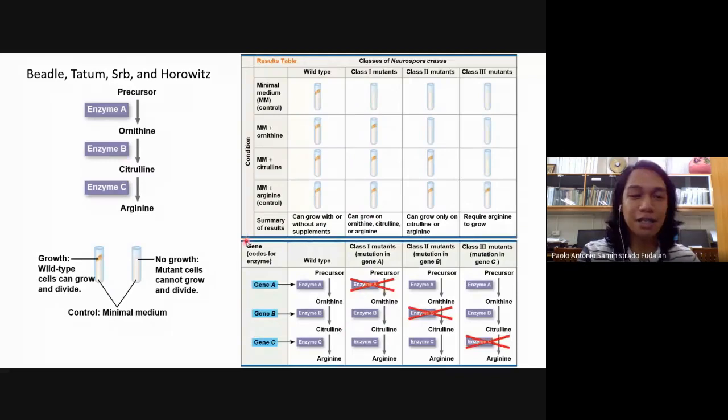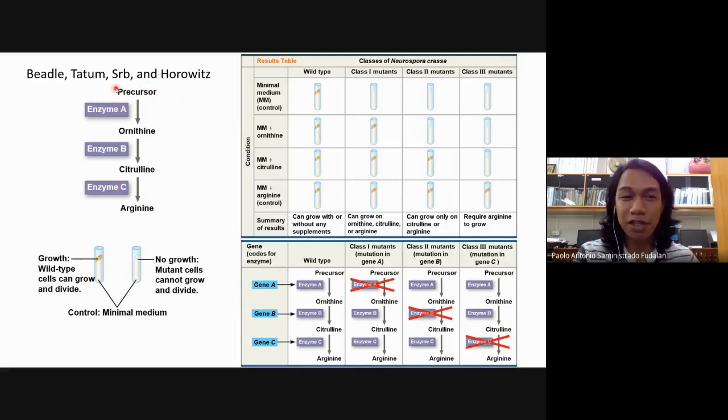So what's the explanation behind this? Notice here that in order to produce arginine, which is important in Neurospora crassa, enzymes like enzyme A, B, and C should be present. Because what do those enzymes do?